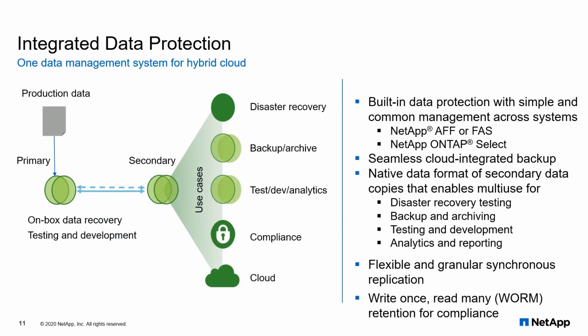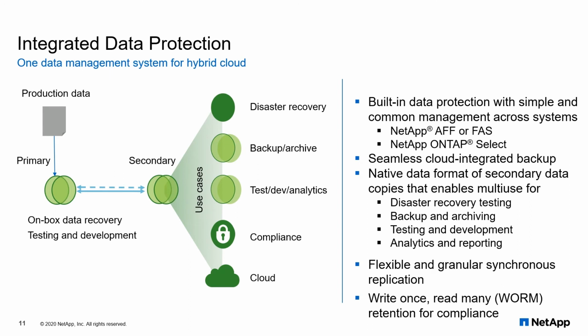Integrated data protection is provided as standard on the AFF C190, with the ability to start with local protection and then easily and non-disruptively extend that protection using SnapMirror. This could be to another all-flash FAS, a hybrid FAS, or even to a software-defined instance of ONTAP Select running in another data center. You may decide to include the AFF C190 in the start of your hybrid cloud journey by replicating entire snapshots for seamless cloud integrated backup.